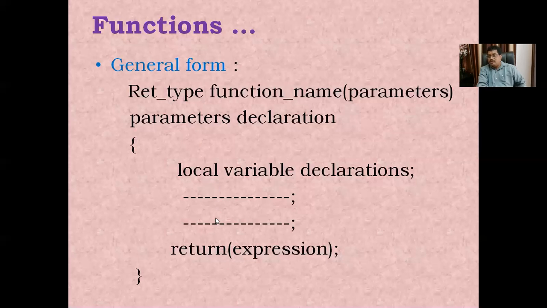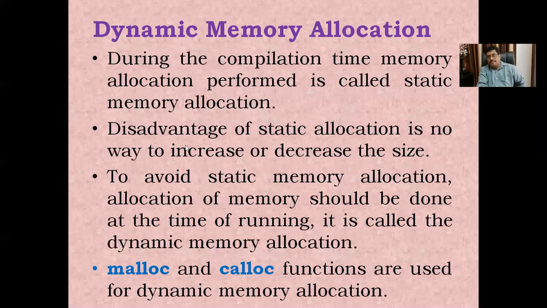Before writing the executable statements, if we use any local variables, we have to declare them at the beginning. After the local variable declarations, we write the executable statements. Finally, it returns an expression or a variable value. Like this, we specify functions.